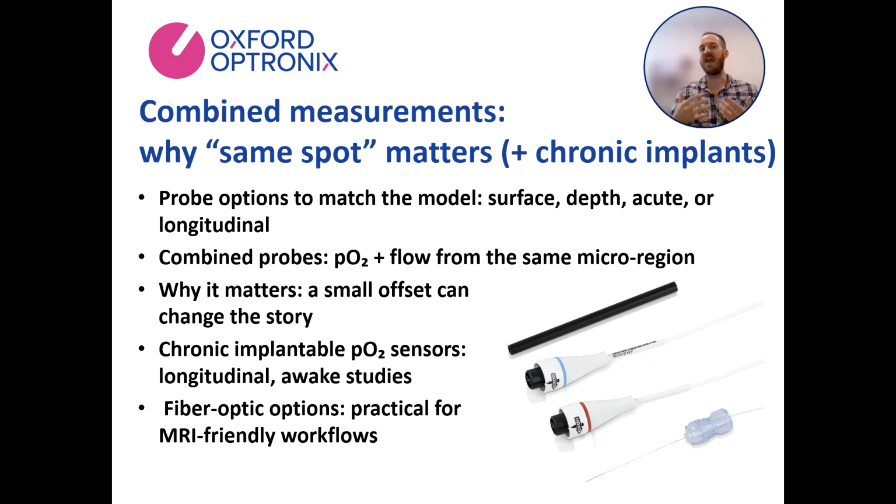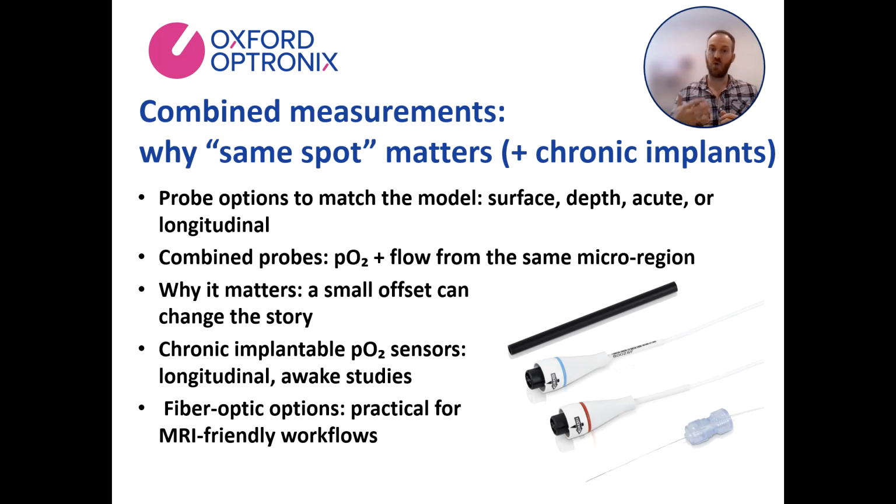Okay, so this is the same spot argument. When you record flow and oxygen from the same microregion, interpretation gets cleaner because brain tissue is heterogeneous and small spatial offsets can change the story. So again, you can absolutely run OxyLite and OxyFlo independently, but when you're trying to separate delivery from extraction and demand, co-localization is a big deal.